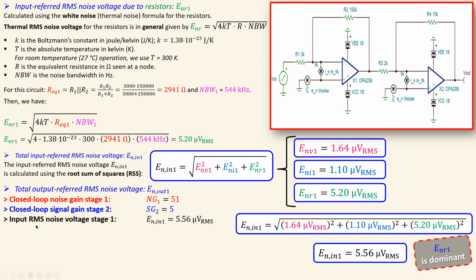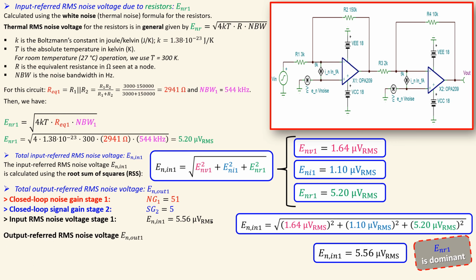And we have the input referred RMS noise voltage for the first stage, which we calculated as 5.56 microvolts RMS. Now we can use the formula we already discussed for the output referred RMS noise voltage due to the first stage only. That is the expression. This must of course be the signal gain of the second stage. This is an error here.